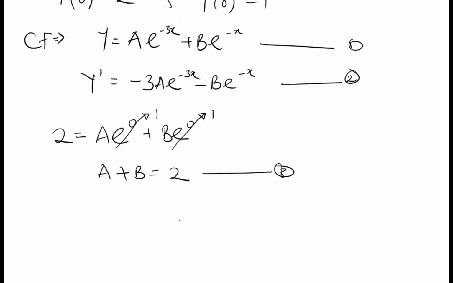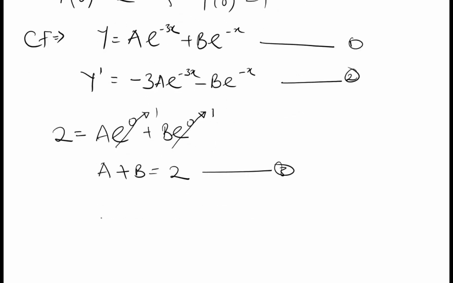So now in my equation 2, I'm going to use the second boundary condition. So what's y prime? 1, right? 1 is equal to minus 3a exponential minus 3x is minus 3 times 0, that's 0. Minus b exponential minus 0 is 0.